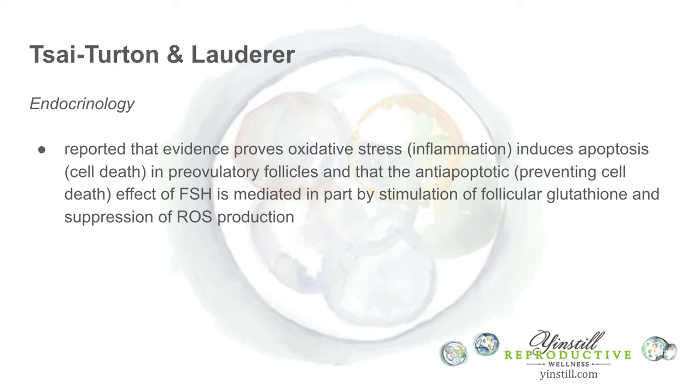Tsai Turton and Lorderer, in their publication in the journal Endocrinology, reported that evidence proves oxidative stress and inflammation induce apoptosis, or cell death, in pre-ovulatory follicles, and that the anti-apoptotic, cell-death-preventing effects of FSH are mediated in part by stimulation of follicular glutathione and suppression of ROS.